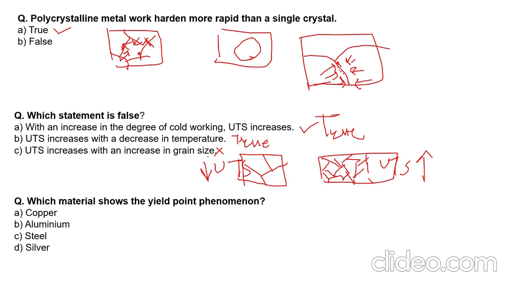Ma'am, for option B, in many books it has been written that a material behaves like a brittle material at low temperature. Even if the bulk property is ductile, at very low temperature it fails very easily because of brittleness induced by temperature fall, ma'am. Is it contradictory to what you have said for option B?